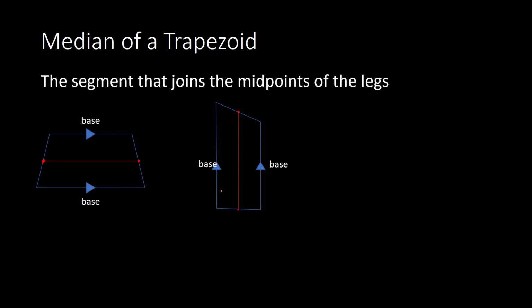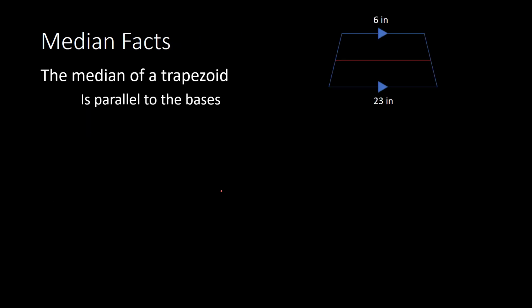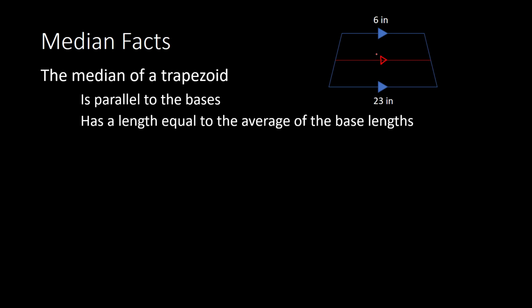Now a couple of things to know about the median. First is that it is parallel to the bases. So the red line here, the median, is parallel to the top and the bottom. In addition, it has a length equal to the average of the base lengths. So if we're trying to find the length of the median in this example, we have the bases with length 6 and 23.